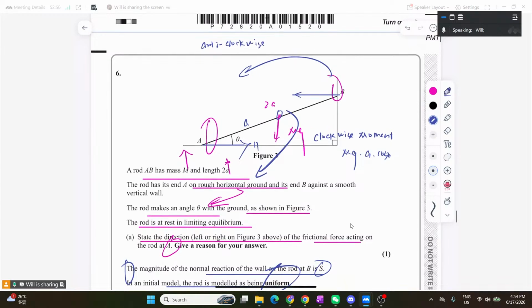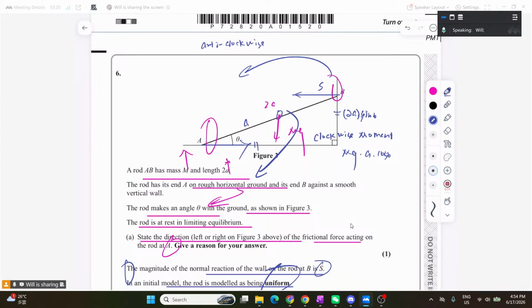For anti-clockwise, the value is S, right? And we want to get the perpendicular distance, 2a times sine theta, right? Understand? Yeah. No problem.